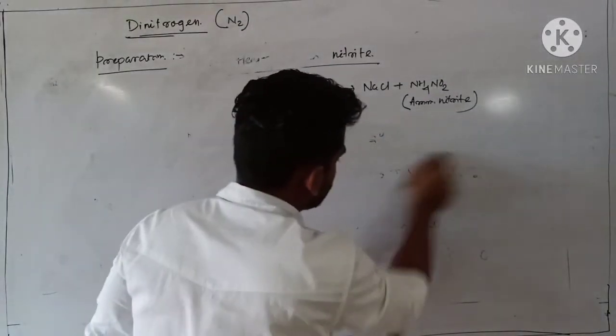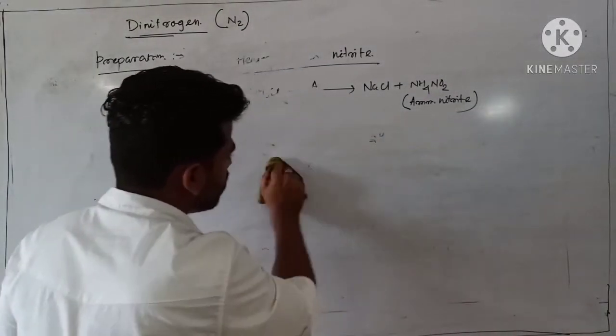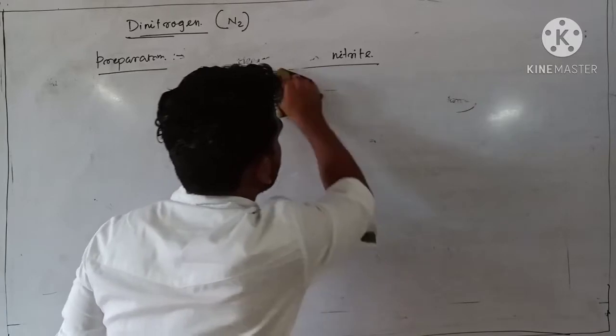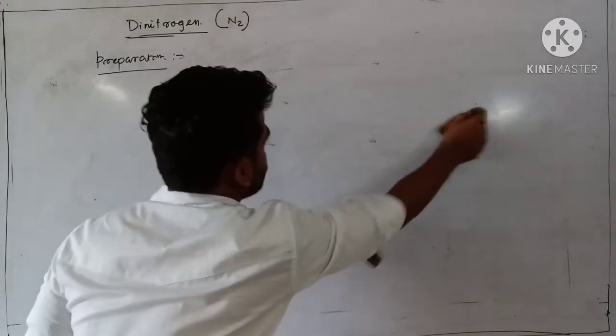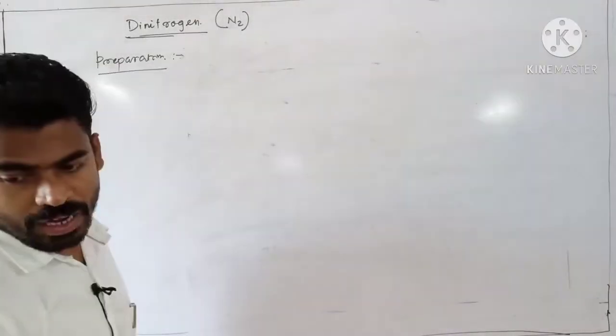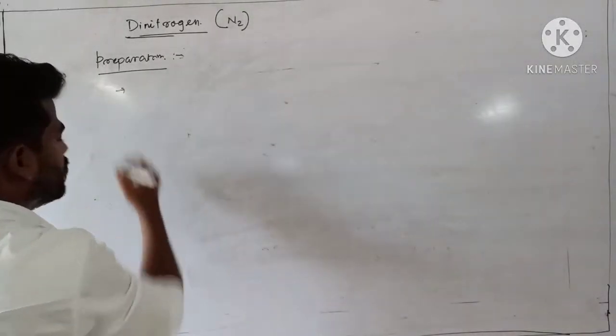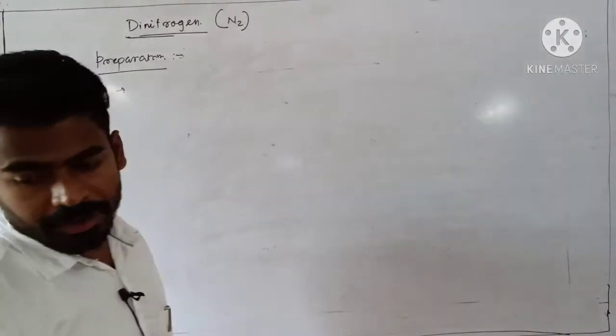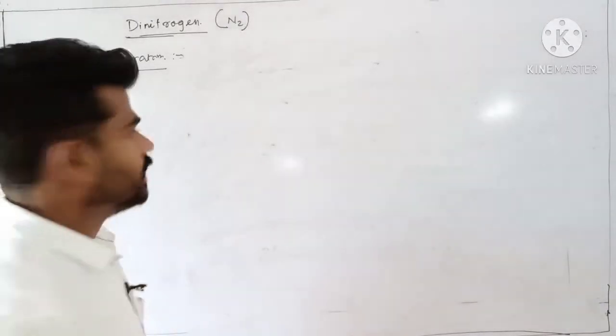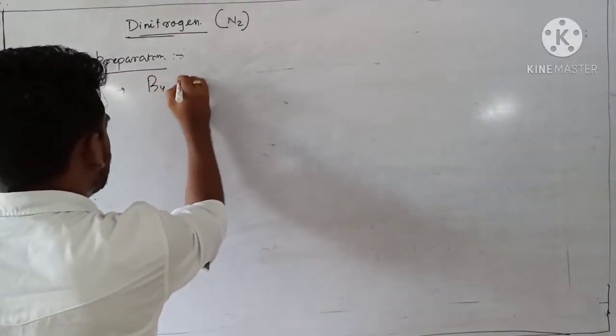Dinitrogen can also be obtained by heating nitrides or azides.